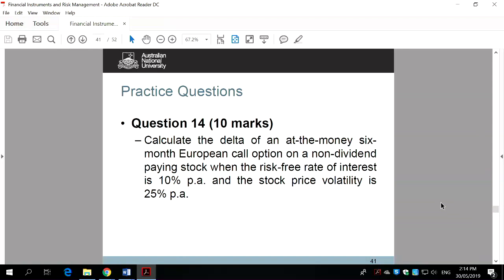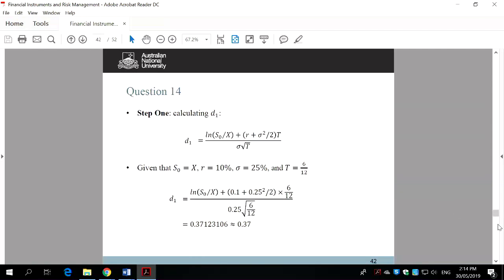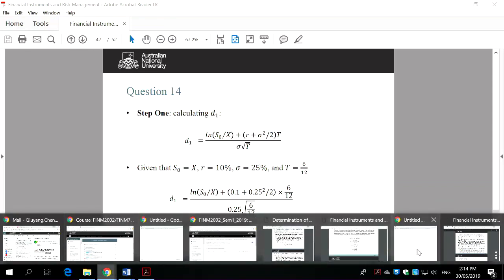Question 14, calculate delta of at-money 6 months European call option on a non-dividend paying stock when the risk-free rate is 10% and the stock price volatility is 25%. Okay, so go back to that slide in case you forgot.